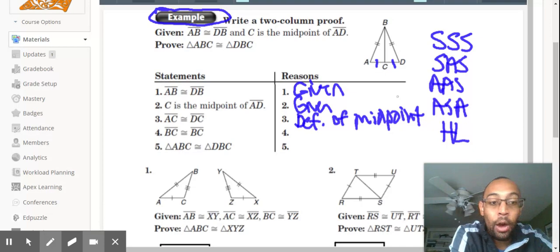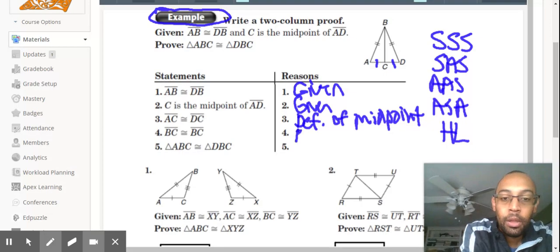Now, one of the properties that I very briefly mentioned that would be important later on was vertical angles. This one is also important. It's called the reflexive property, and it shows up in this step: BC congruent to BC. This is the reflexive property.